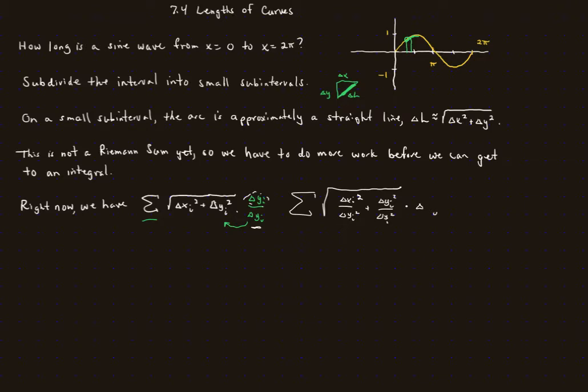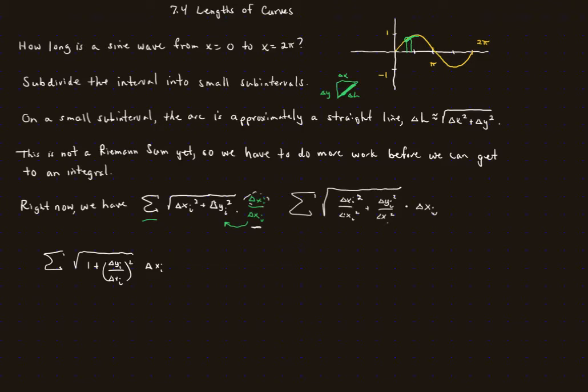So let me scratch that and call those delta x sub i's. Then the delta x sub i squared over delta x sub i squared is just 1, and we have delta y sub i over delta x sub i, that quantity squared, and then we have our delta x sub i on the outside. So now we're getting there.